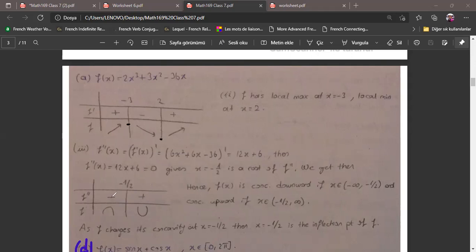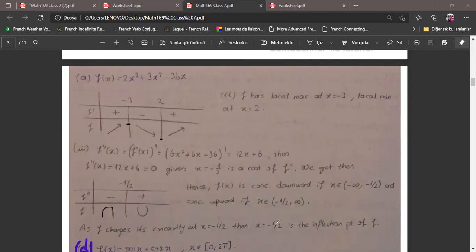So we have this. Now, when f double prime is less than 0, if it's negative, then the graph of the function should look something like this. So it's concave downward, okay, on this interval. And it's concave upward when x is greater than -1/2. Note that x equals -1/2 is an inflection point.